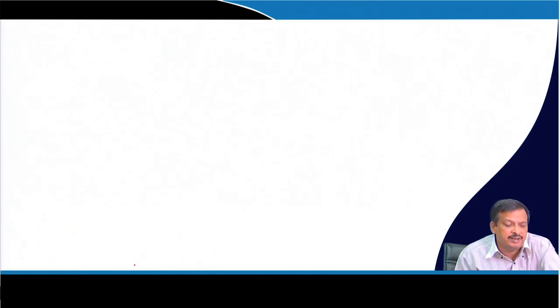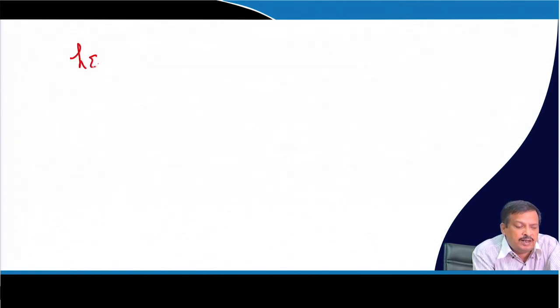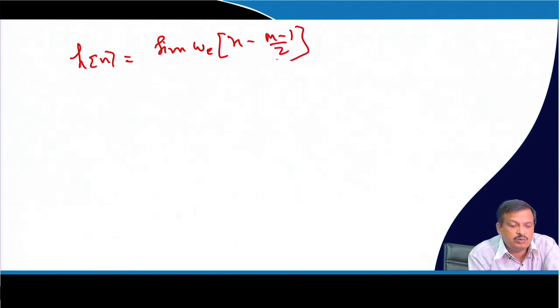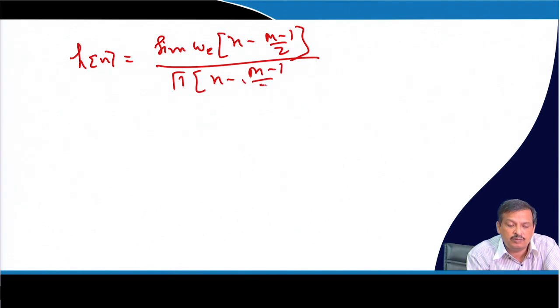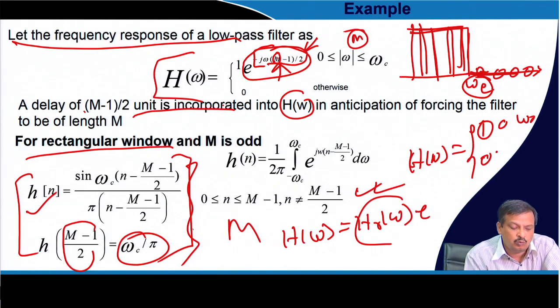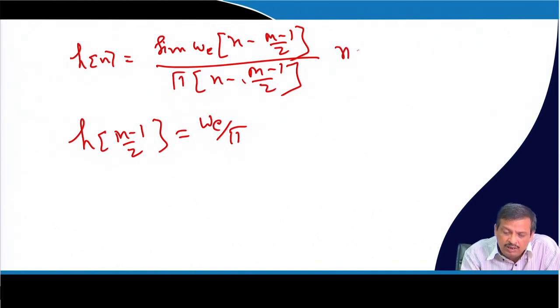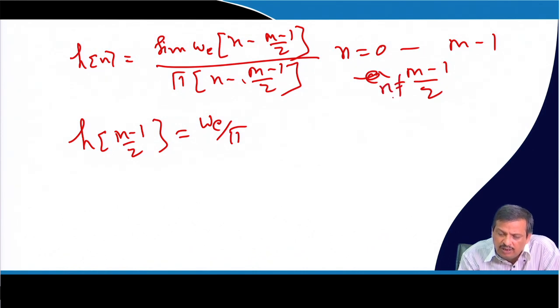The expression of h(n): I get h of n is equal to sin of omega c into (n minus (m minus 1) by 2) divided by pi into (n minus (m minus 1) by 2), for n equal to 0 to m minus 1 except n equal to (m minus 1) by 2. So n is not equal to (m minus 1) by 2.